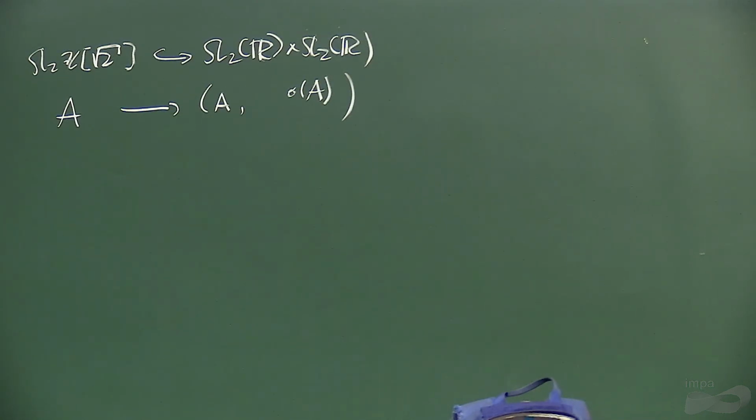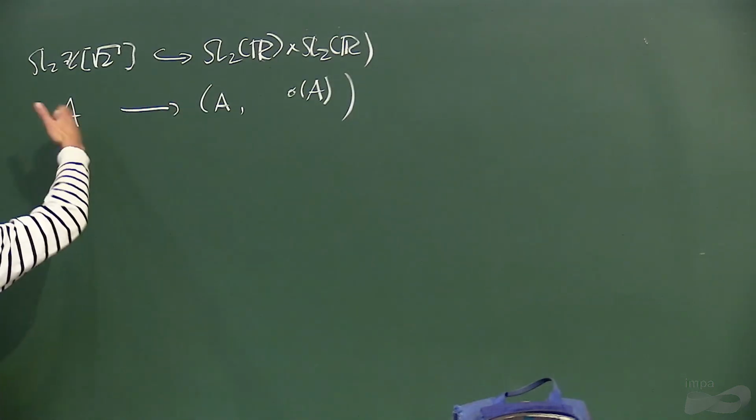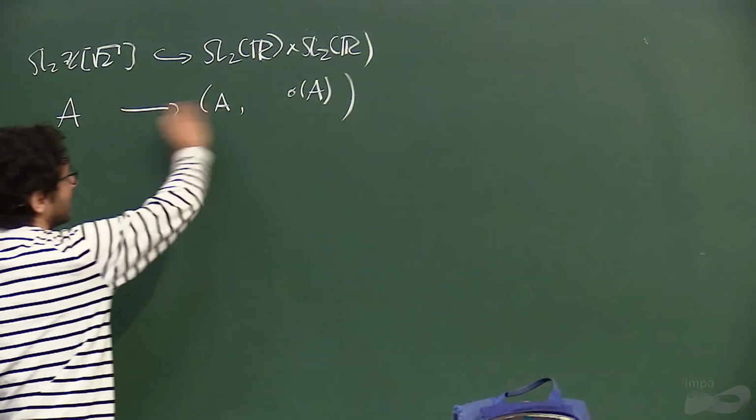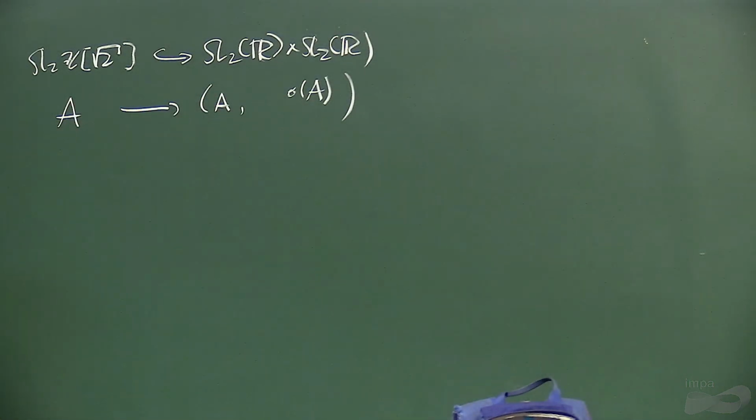And what is good about this is that in this embedding it becomes a discrete subgroup, and this question can then be phrased as a more general question.